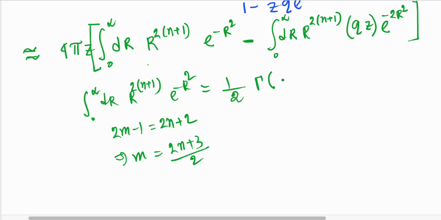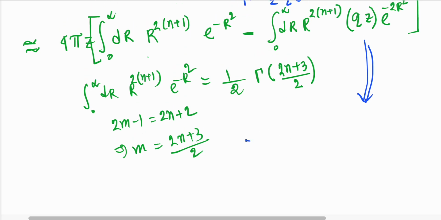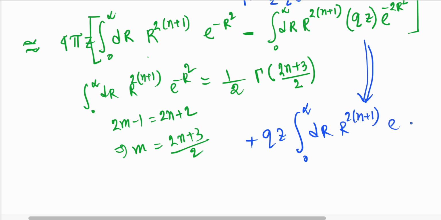So that means gamma of 2n plus 3 by 2. Now we will calculate this term. So this term will become minus qz, plus qz equal to 0 to infinity dr r to the power 2n plus 1 e to the power minus 2r square.